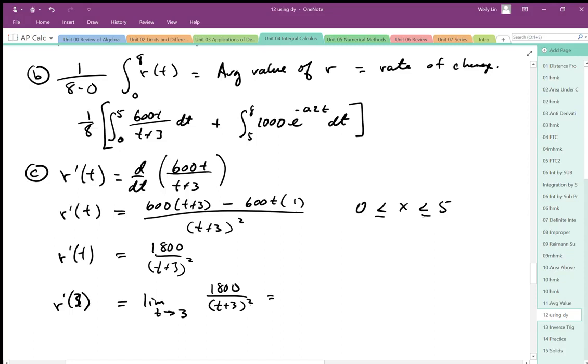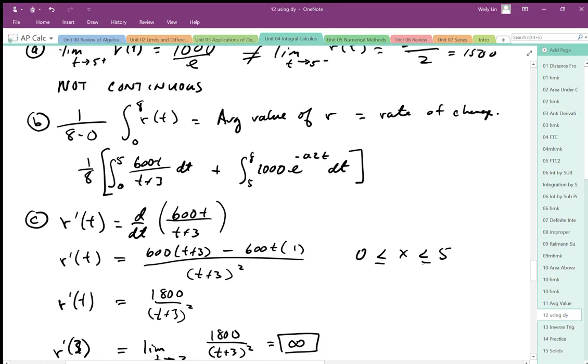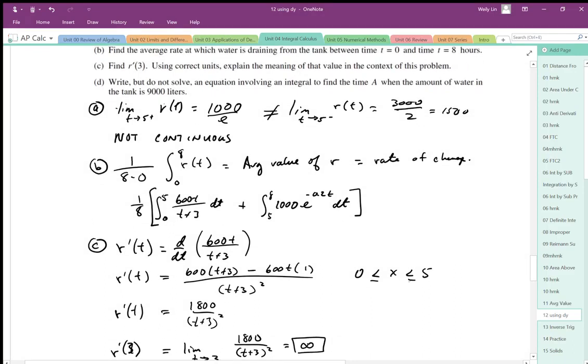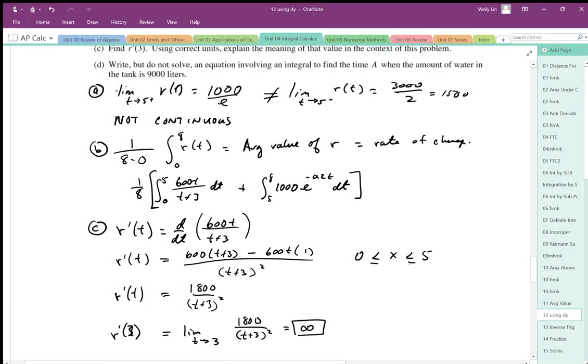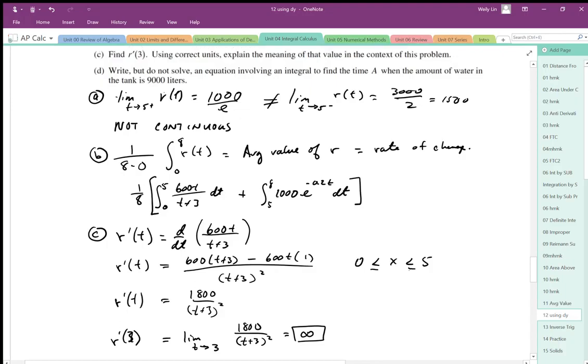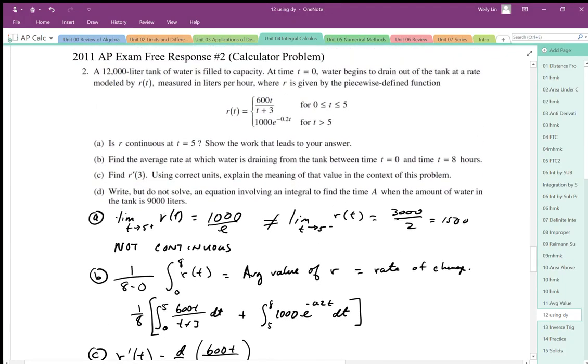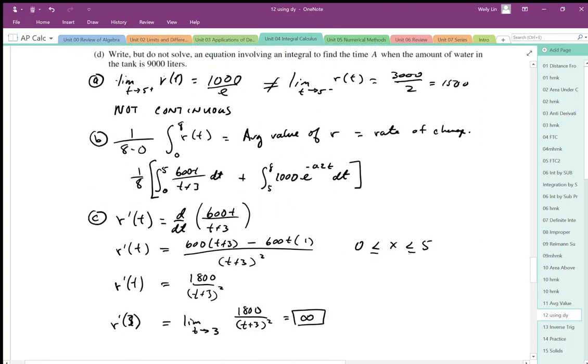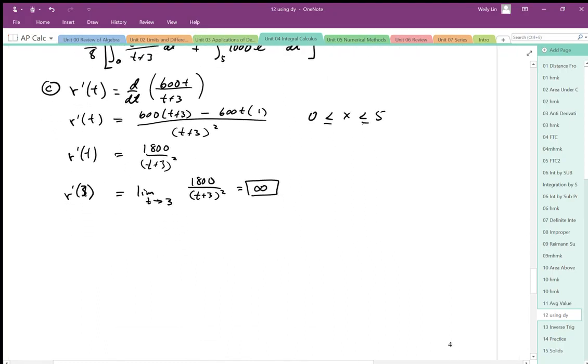It's 1800 divided by 0, so the slope is infinite. It's got a vertical asymptote. The units are going to be the change of the change, so liters per second per second. No, sorry, liters per hour would be the units of that rate.